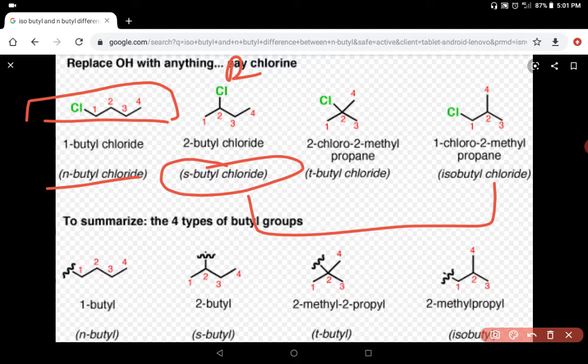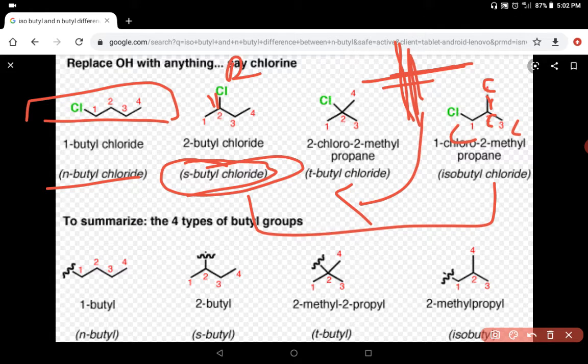Here the carbon is attached only to the second position. Did you find that? Yes, but here chlorine or any other group attached to the second carbon is called sec. If it looks like a T shape, then it is tert. Okay, let us come back to the lesson.